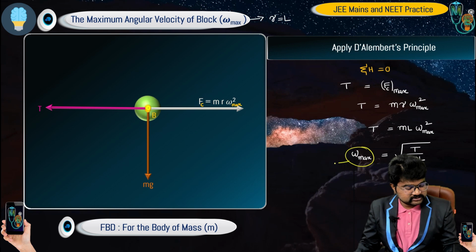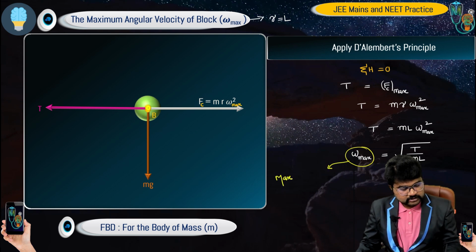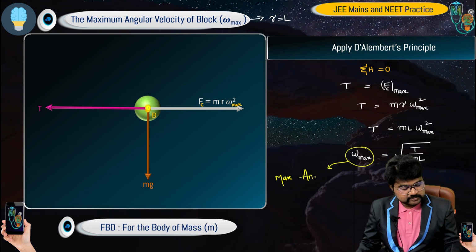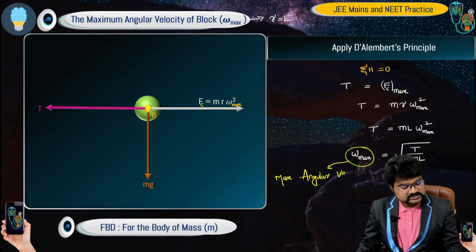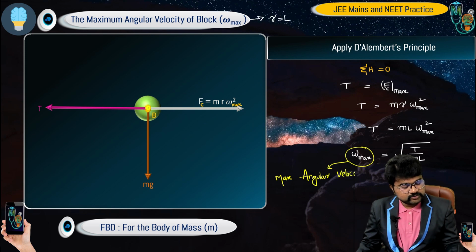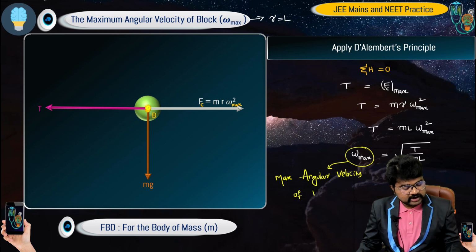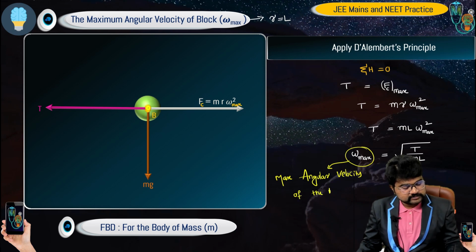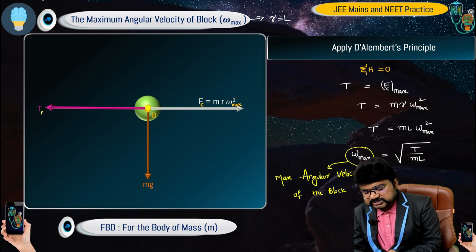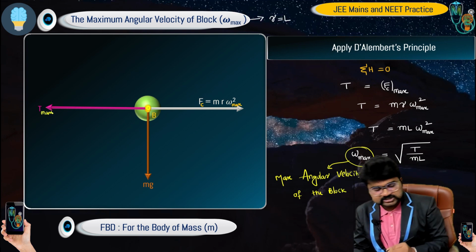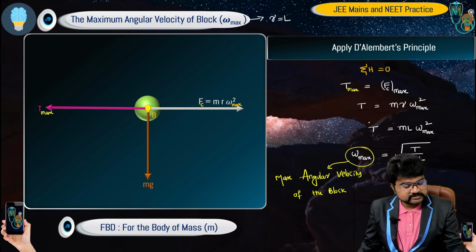This would be the maximum angular velocity of the block. T would be the tension in the string. I can say maximum tension only. Maximum tension in the string. This would be T maximum.